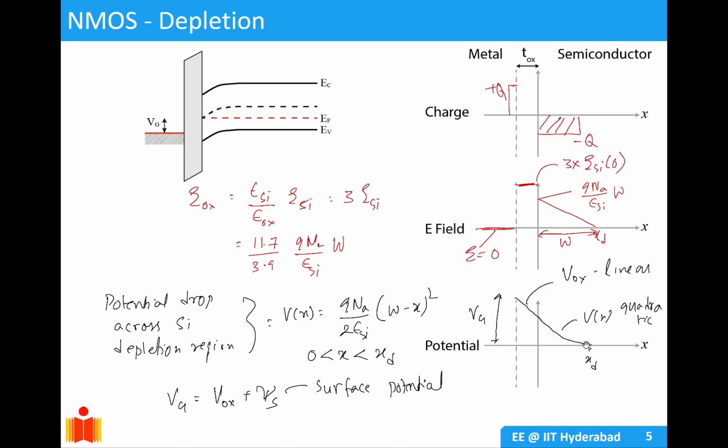So you have a square rise here, and then this is constant, and you will see there's a potential shift here which is equal to your applied potential Vg. And you can also calculate the value, which will come out to be q Na by 2 epsilon Si times (W minus x) whole square.